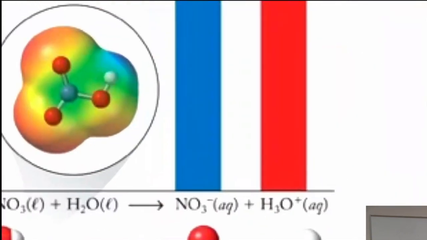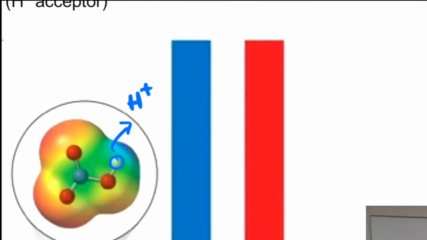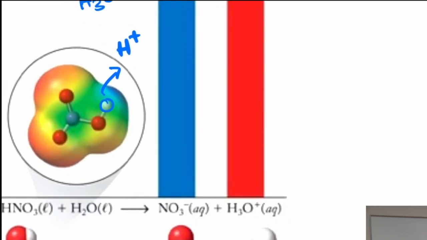Molecule listed up here. Here's your hydrogen. Now remember, the hydrogen is what is being lost to the solution, why it's called an acid. So this is going off as a hydrogen ion, which is also the same as a hydronium ion. And if you want to know why that is, you've got to watch the video. So when that hydrogen leaves, it's leaving its electrons behind.